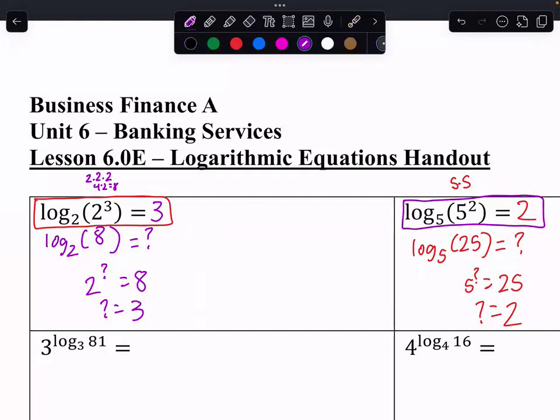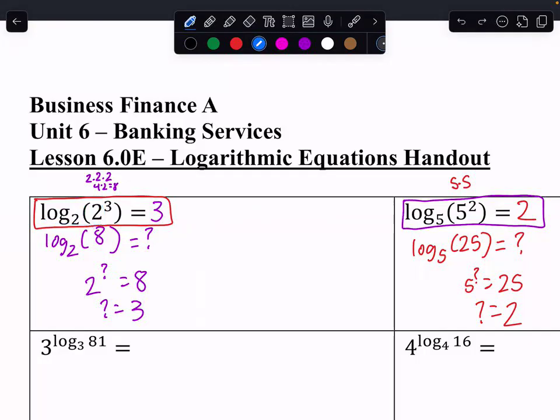You can see that in both cases, the log base 2 of 2 and the log base 5 of 5 parts kind of cancel out, just because the final answer is 3 over here and 2 over here. So it looks like when you do log base some number, it cancels out that number in the argument.